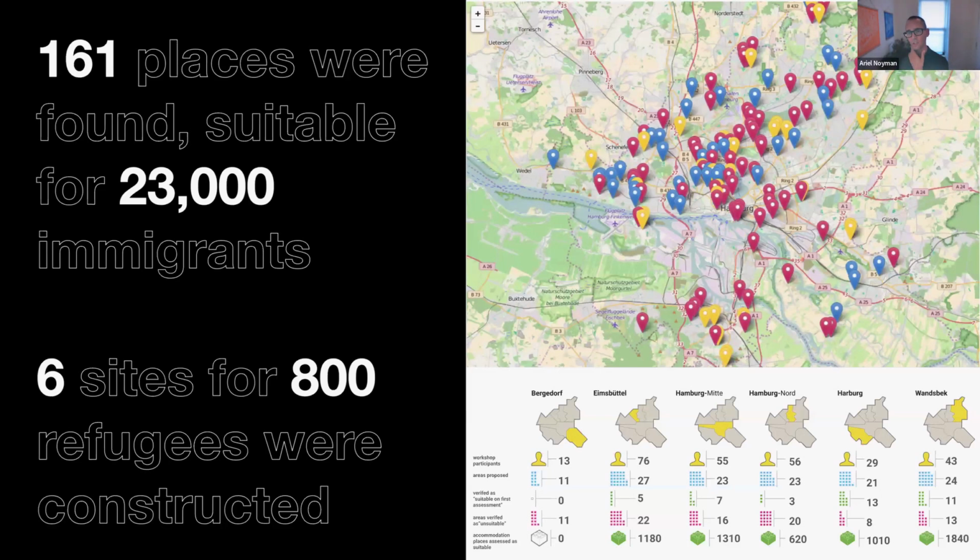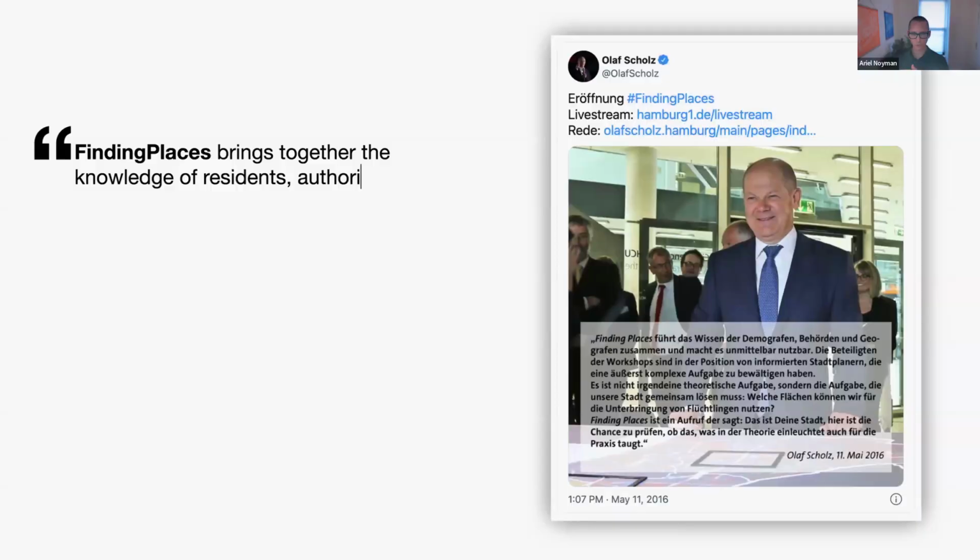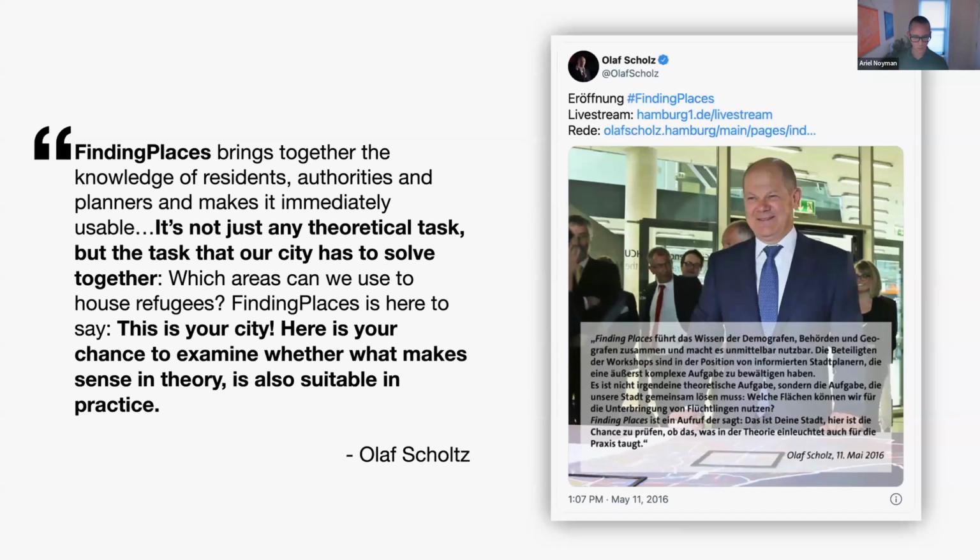Olaf Scholz is currently the Chancellor of Germany, to those of you familiar. And I think his statement about Finding Places is wonderful, not just for that project, but generally for CityScope. Here is your chance, Scholz is saying, to examine whether what makes sense in theory is also suitable in practice. And again, I think it's followed through all the projects you've seen here today.